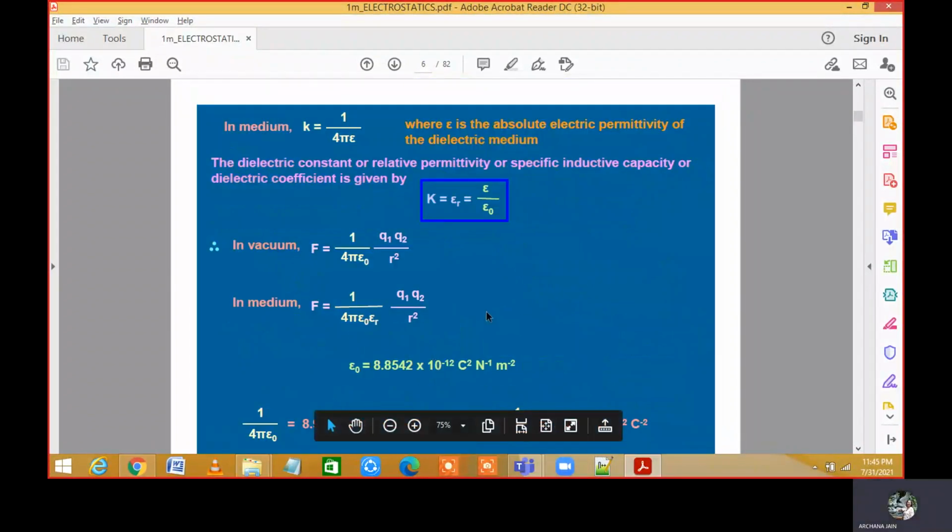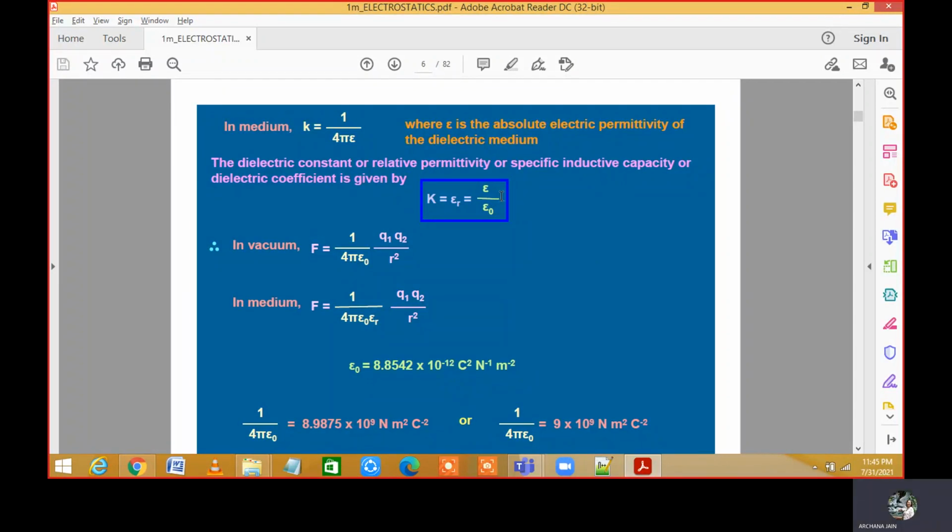But if we place these two charges in any other medium, then the value of K for the other medium is 1 upon 4 pi epsilon, where epsilon is the absolute electric permittivity of the medium in which the charges are placed. This is the definition of relative permittivity or dielectric constant.